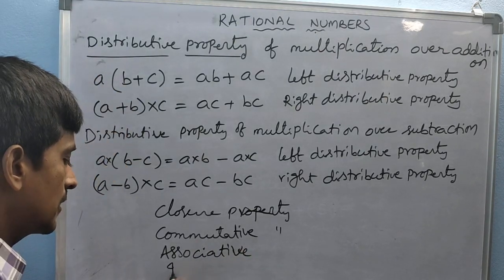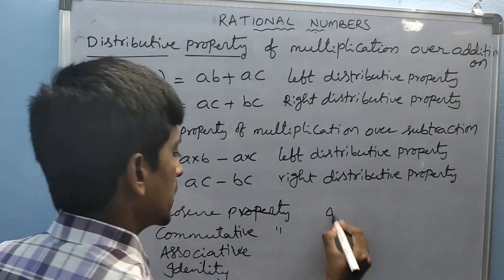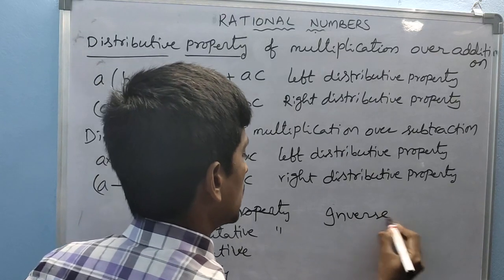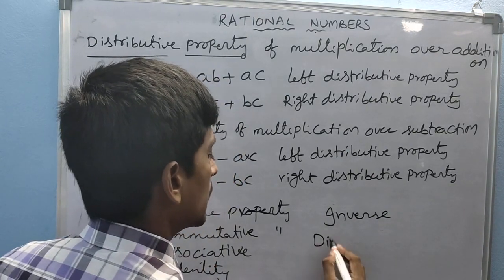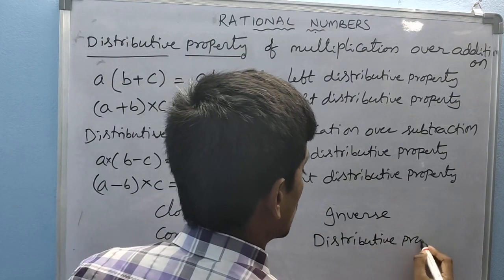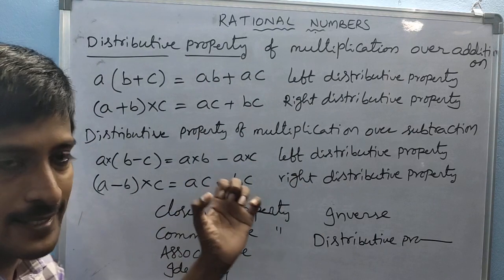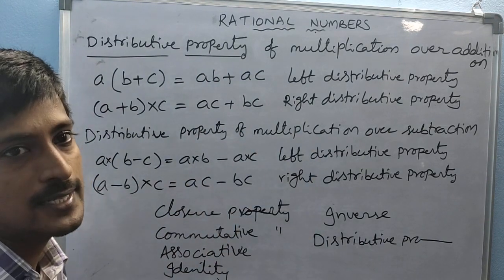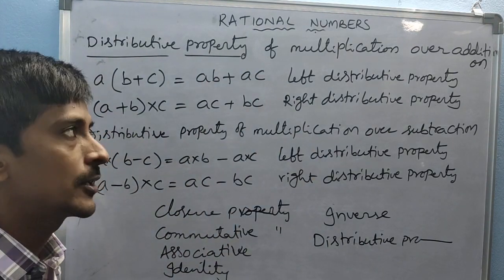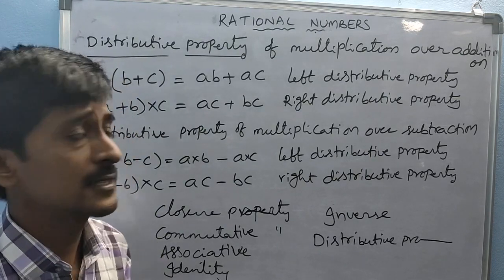Next is identity. Next is inverse. And the last one is distributive. These are the very important 6 properties of rational numbers. Thank you. Tomorrow we will discuss the next introduction class. Okay.